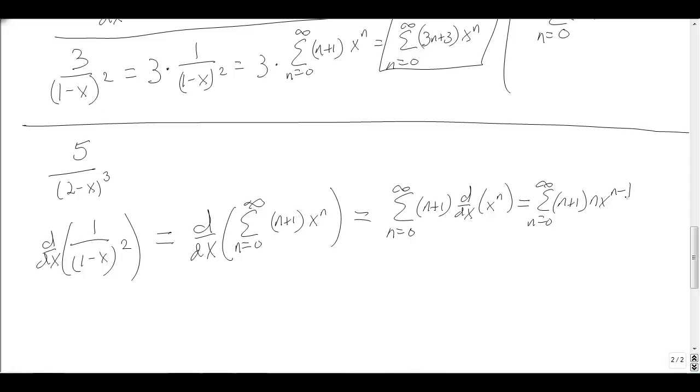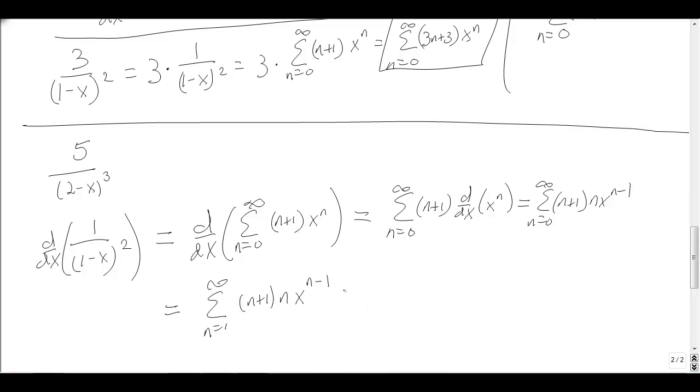And I can do the same thing I did before. If n is 0, I have a factor of n that makes the term on the inside 0. And so what I get is a sum n equals 1 to infinity, n plus 1 times n x to the n minus 1. So I can just drop the n equals 0 term.